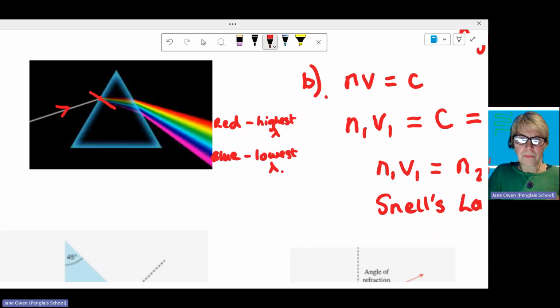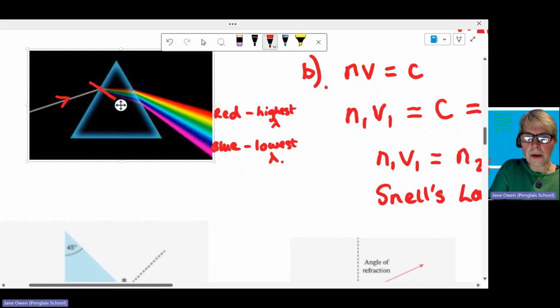Because of the change in the wavelength, you have a difference in speeds of the two extremes, and that's why it splits up into all the different colors, because they refract by different amounts. The refractive index will be the same, but the speed will be different for the different colors because they've got different wavelengths.